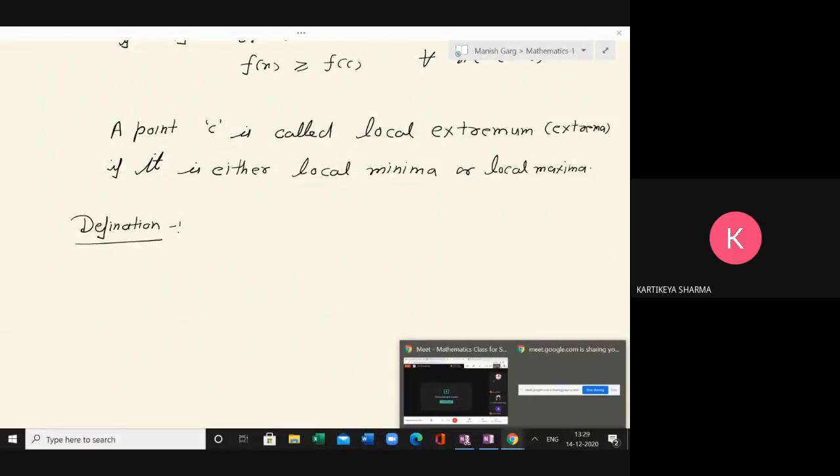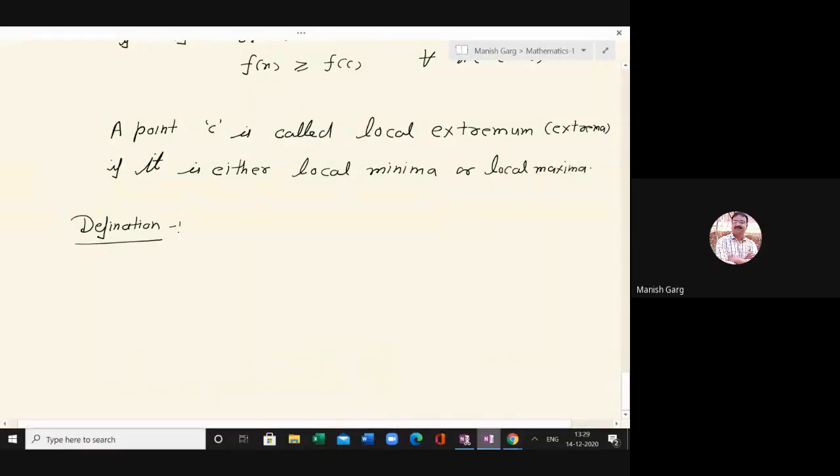Yes, sir. Okay. So now the definition. Let D be a subset of R and f be a function from D to R. I'm giving the definition of global maxima or minima.